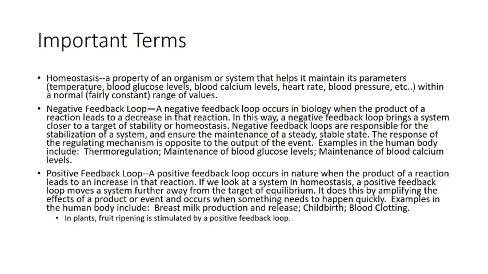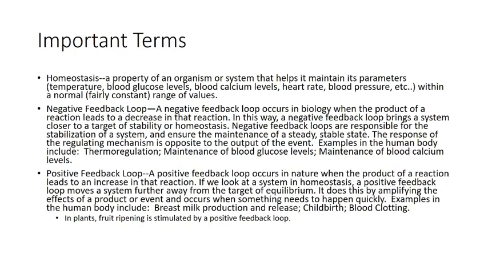A positive feedback loop is a very different thing. A positive feedback loop occurs in nature when the product of a reaction leads to an increase in that reaction. Positive feedback loops are not about keeping a system in homeostasis. Positive feedback loops in the body are about making something big happen fast. It's about amplification.